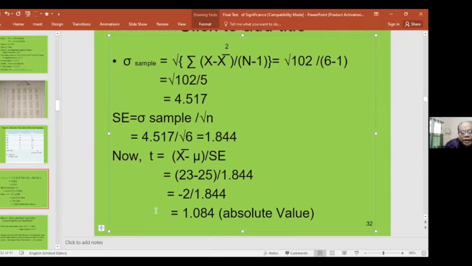So for the calculation, always take the absolute value. When you divide this, it is minus 1.084, but by taking the absolute value, you ignore the minus. Always take the absolute value, the mod. So 1.084 is the calculated value.